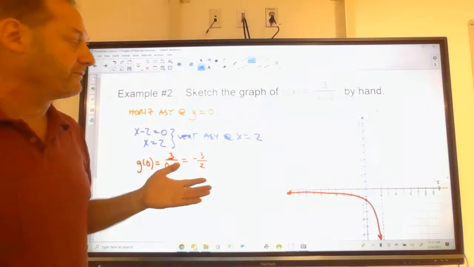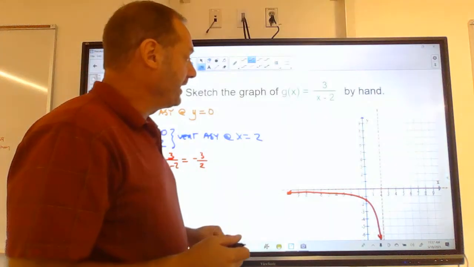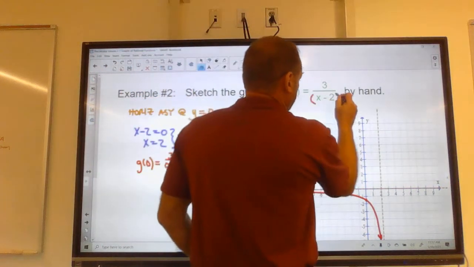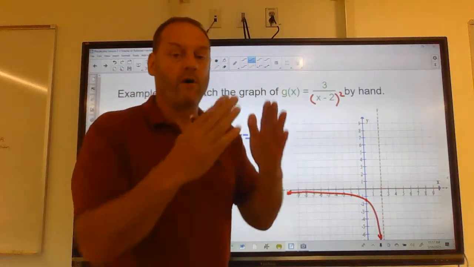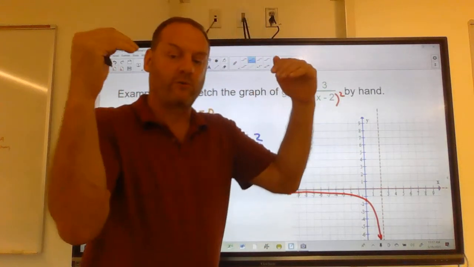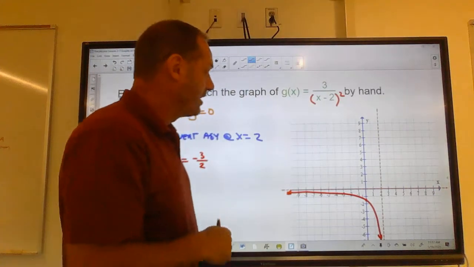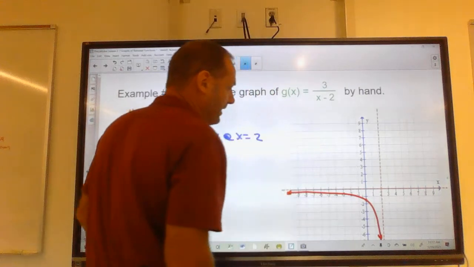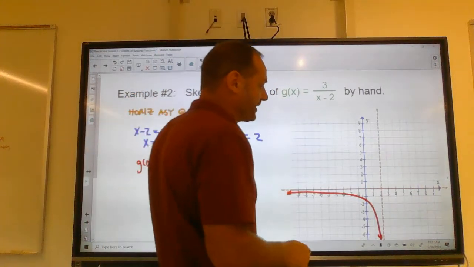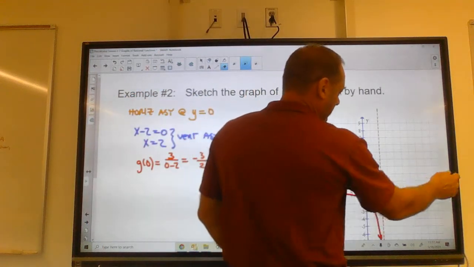It doesn't tell you which one; you have to figure that out. But if this was x minus 2 squared, the degree would be even. It would either go up on both sides of the asymptote or down on both sides. But this one is odd, so it's going to go down on this side, which means it has to go up on the other one. So this is going to look something like this.